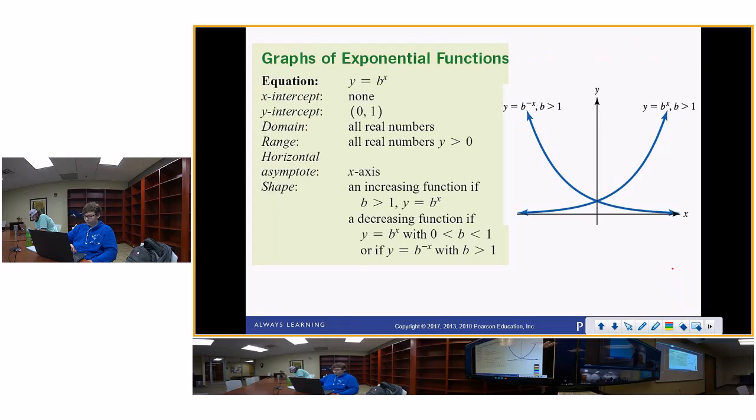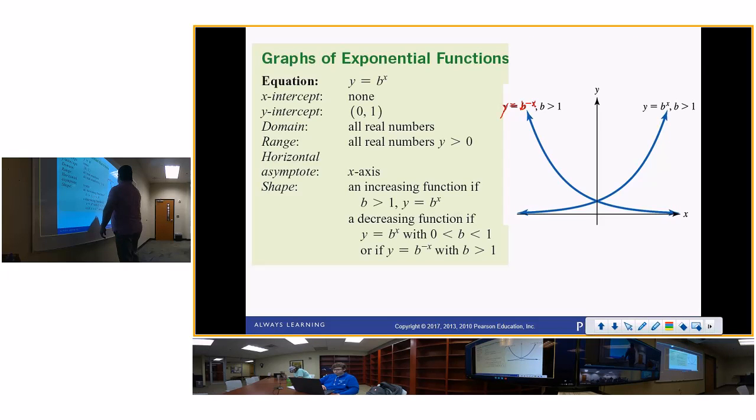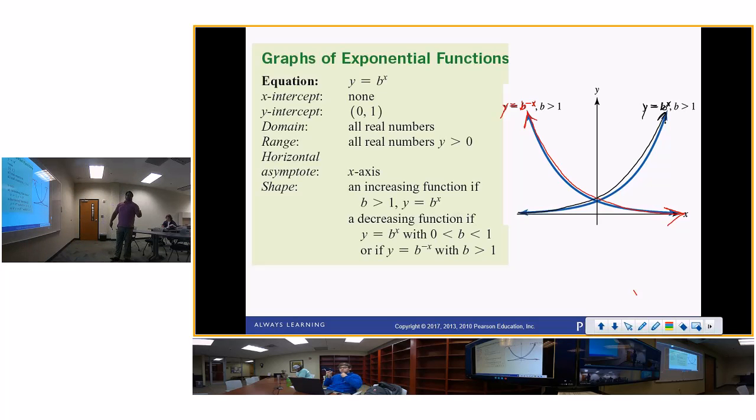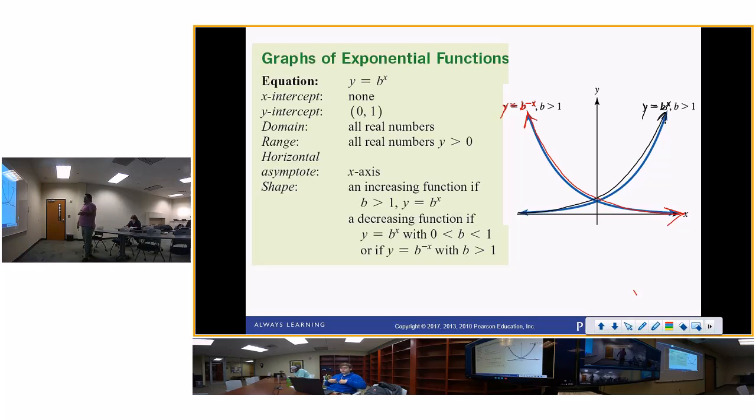Y is equal to b to the negative x. It's going in this direction. And then, of course, we'll do that one in black. Y is equal to b to the x is going in this direction. So you need to have two family of graphs, one to the negative x power and one to the x power.